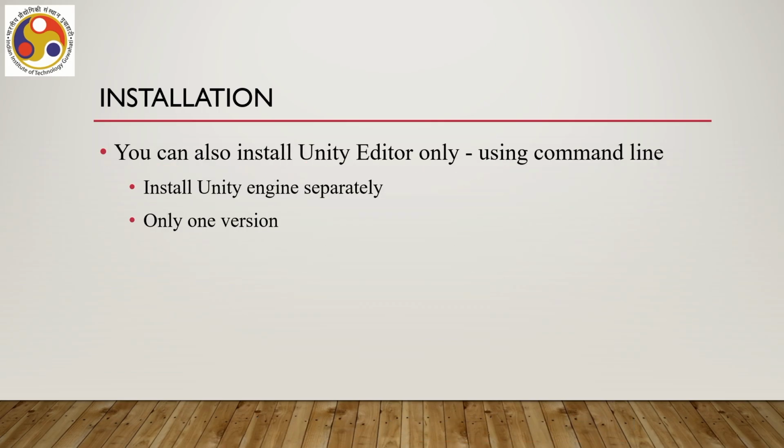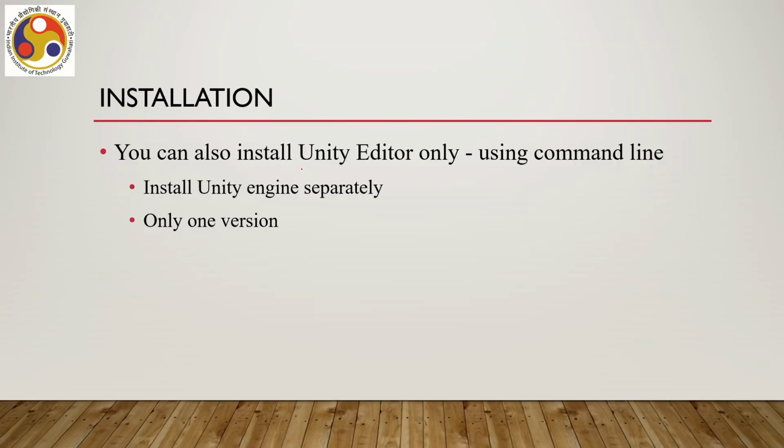But Unity Hub installation is of course not mandatory for working with Unity. You can install the Unity editor and the engine separately also. In that case, of course, you can install only one and you can deal with only one version of Unity, whereas the Unity Hub interface allows you to deal with multiple Unity versions, but both ways are possible.